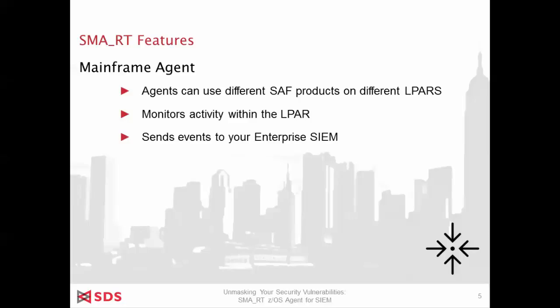The mainframe agent monitors activity within the LPAR, and it examines event records, policies, and escalation factors and issues. And then alerts are sent out through UDP, and this is something that you can configure in the product, what UDP port should be used and where it should be delivered to your enterprise SIEM manager.